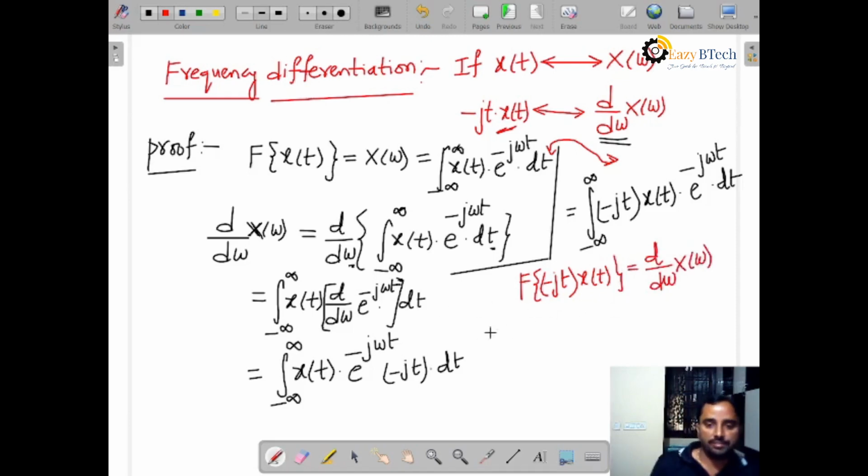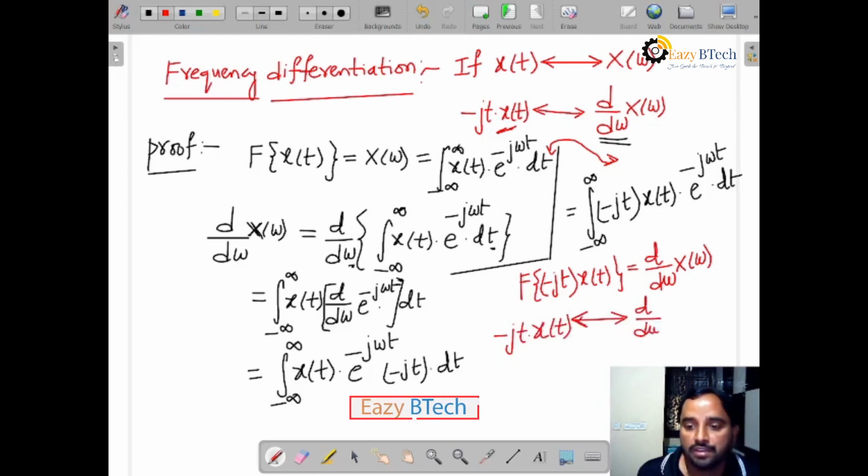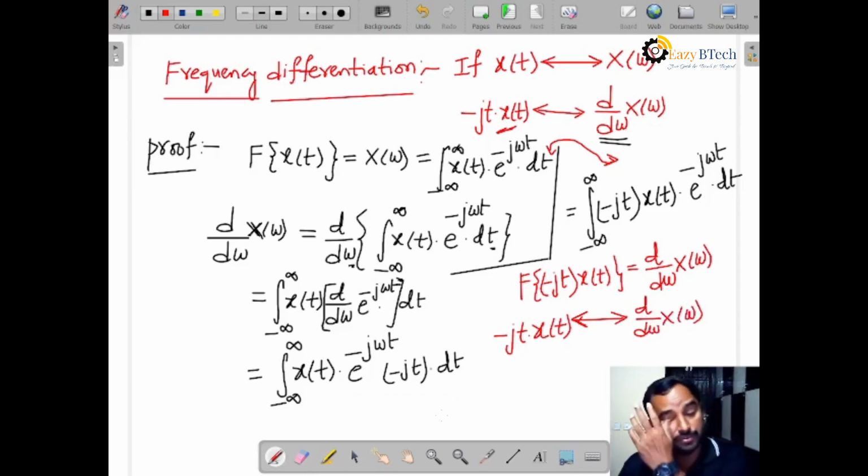We can write this as a Fourier transform pair using arrows: minus jt x of t has Fourier transform d by d omega of X of omega. Very important property.